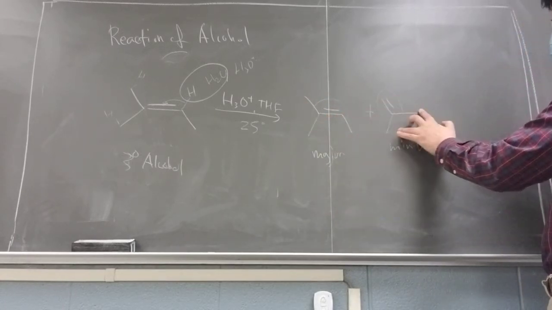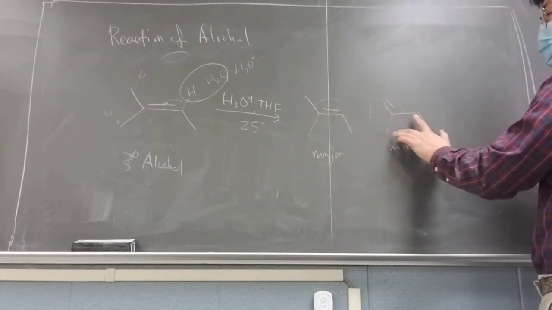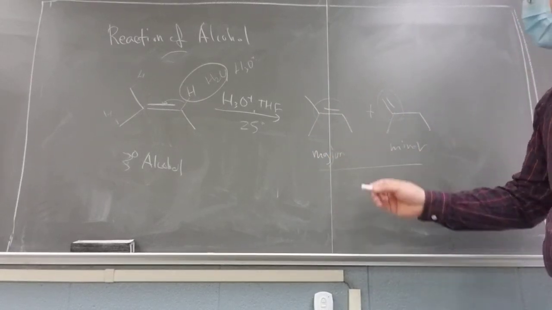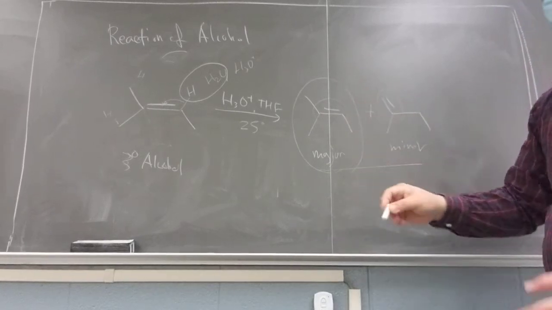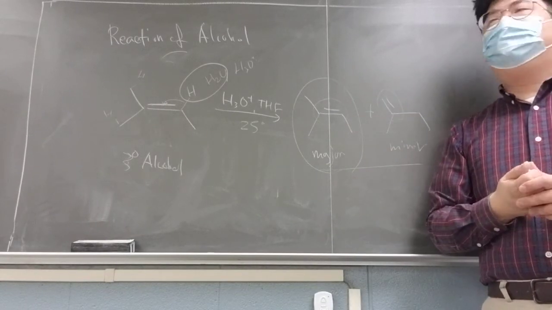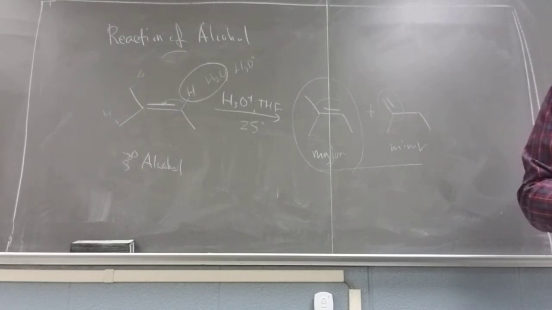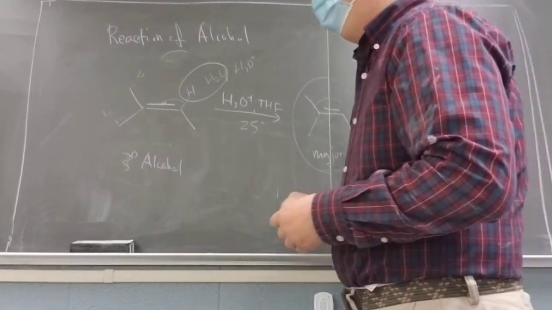This is only di-substituted, and this one is tri-substituted. So among these two possible products, this will become major because of the highest substitution on this double bond. But this is indeed another elimination of the tertiary alcohol.